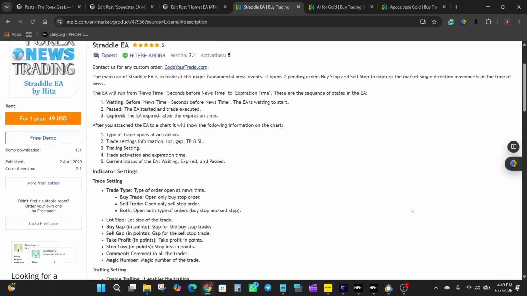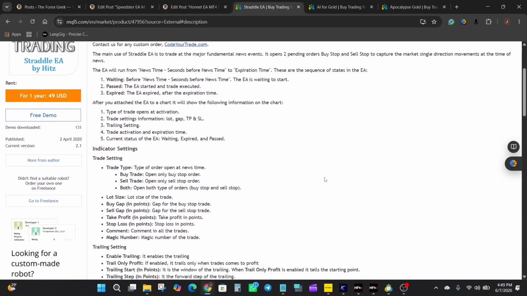So as I scroll further, I can see that the EA gives full control over how the news execution is handled. You can choose whether it places both buy and sell stop orders or just one direction depending on the strategy preference. There are also settings for lot size, stop loss, take profit, and the distance between entry points, which is defined through the buy and sell gap parameters.